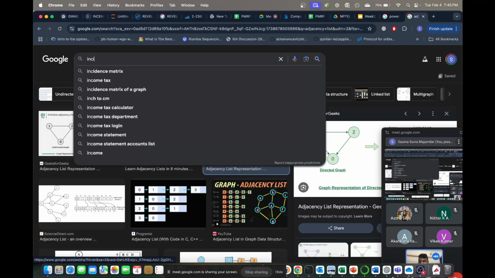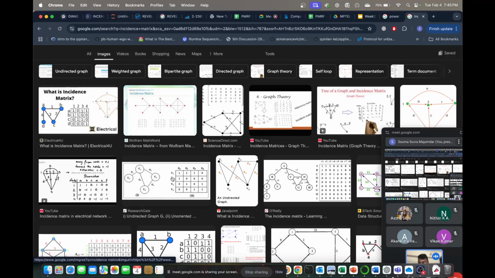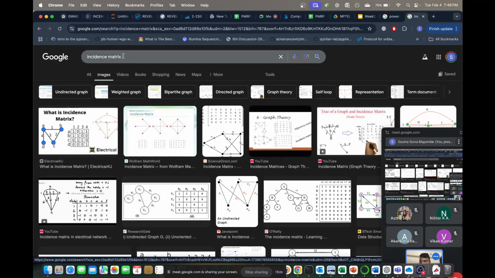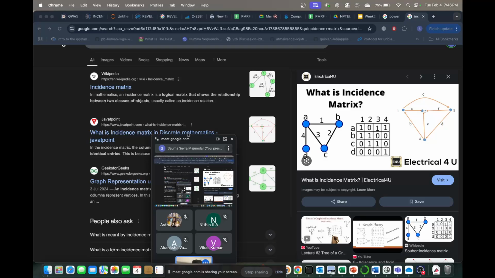And the other one is the incidence matrix. Yeah, this is an incidence list, right? These A, B, C, D are your nodes on the y-axis, and 1, 2, 3, 4 are your edges. So if A is connected to this edge, it will be a 1. In an adjacency matrix, you have the set of nodes on the x and y axes. If they are connected, you put 1 or 0, right?